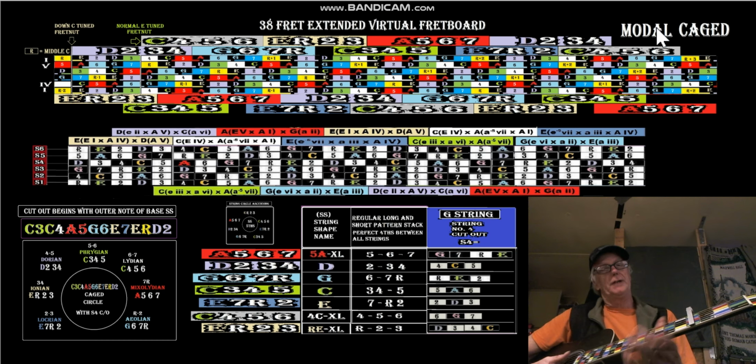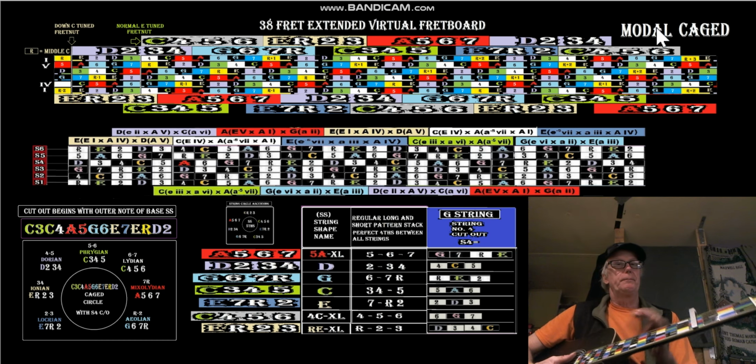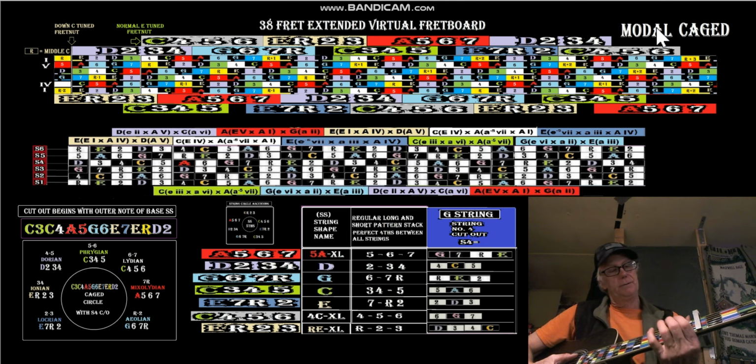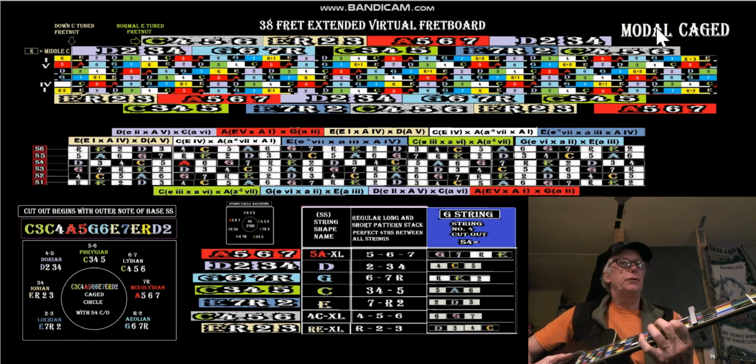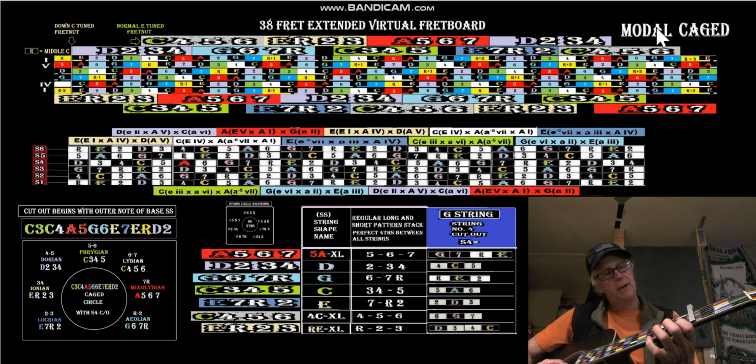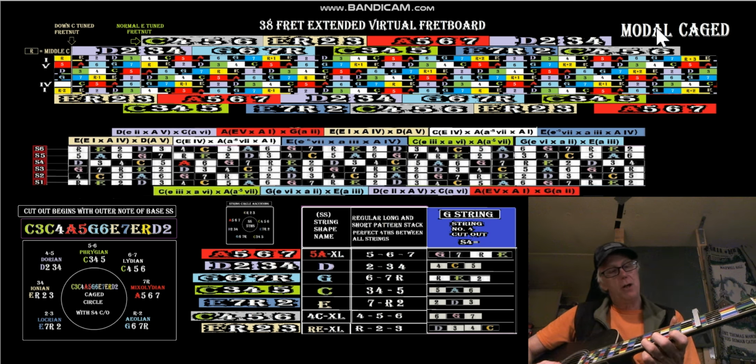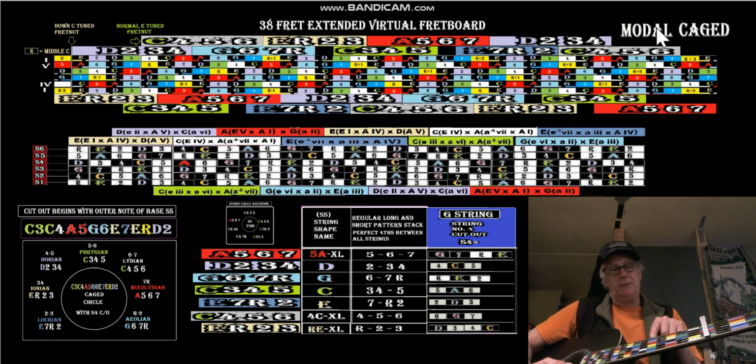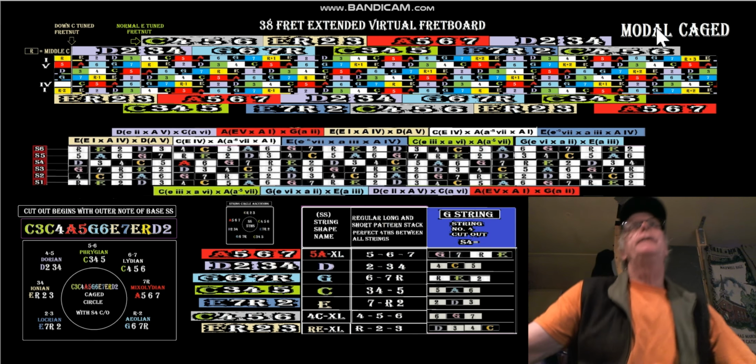Okay, so that's the long pattern for G. And there's a long pattern for D. 2, 3, 4, 5, 6, 7, root, 2, 3, 4, 5, 6, 7, root, 2, 3, 4, 5. Okay, now that's an A. I'm confusing my A, and I'm going to have to make this color lighter, but that's an A, which is the 5th of D.